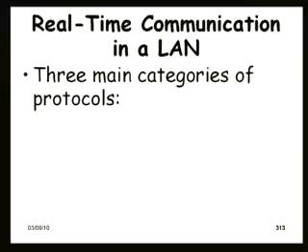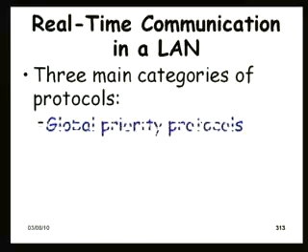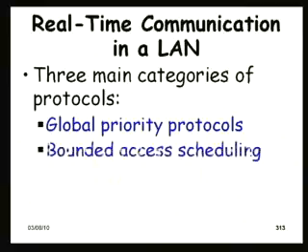We will examine three main categories of protocols. One goes by the name global priority protocols. Here all the messages are assigned unique priority values, and based on the priority values they are assigned slots to transmit.